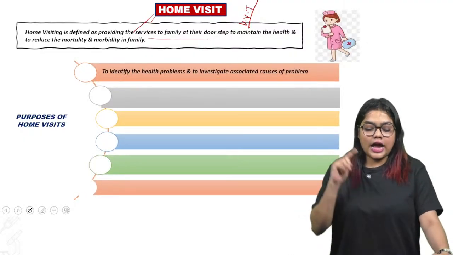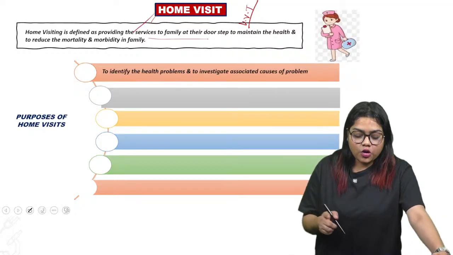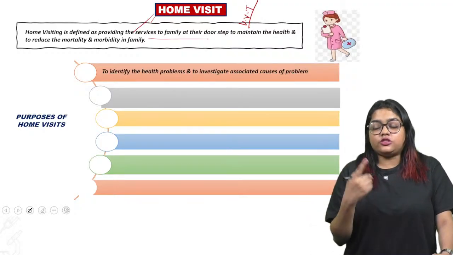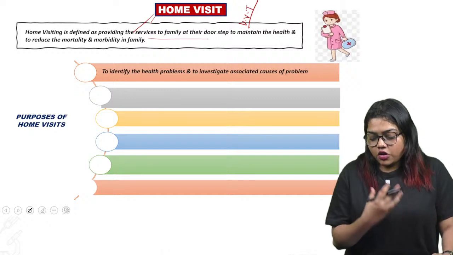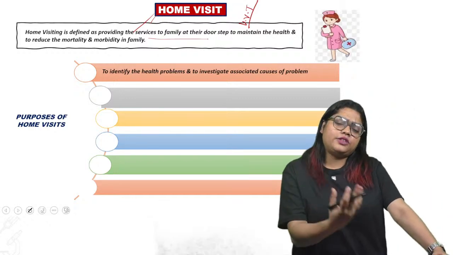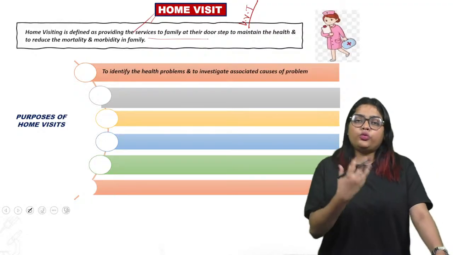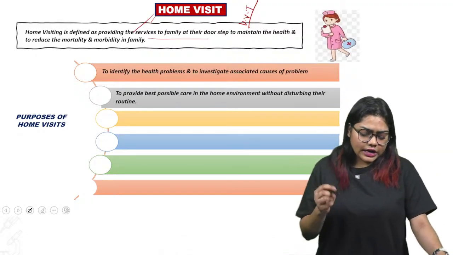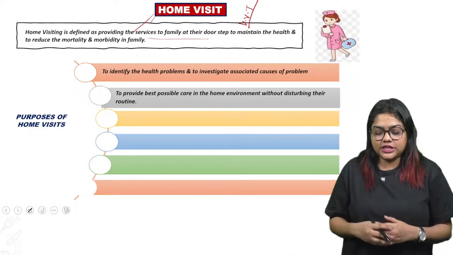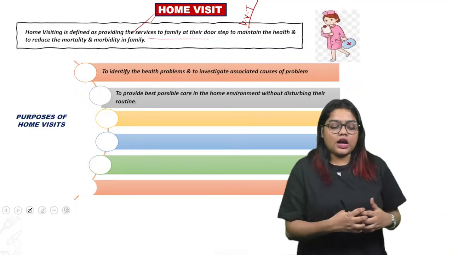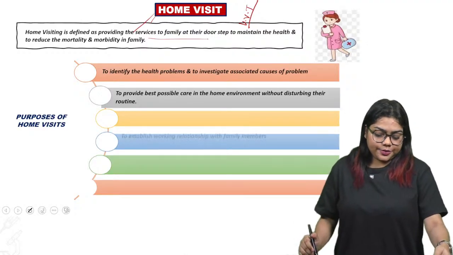It is to identify the health problems and to investigate the associated causes of the problems. If any kind of disease is happening, we have to find out why it is happening, or what the reason is. Next is to provide the best possible care in the home environment without disturbing their routine.